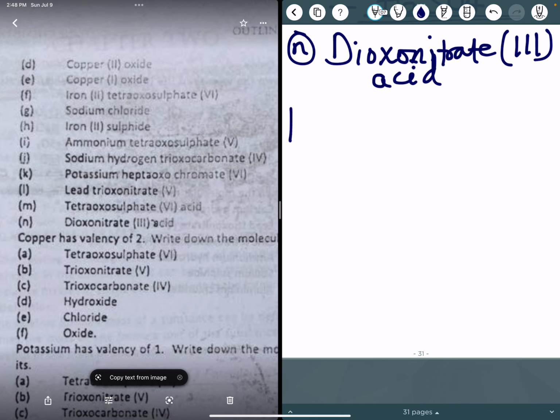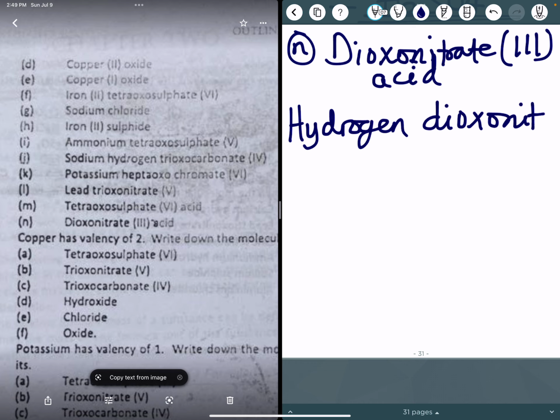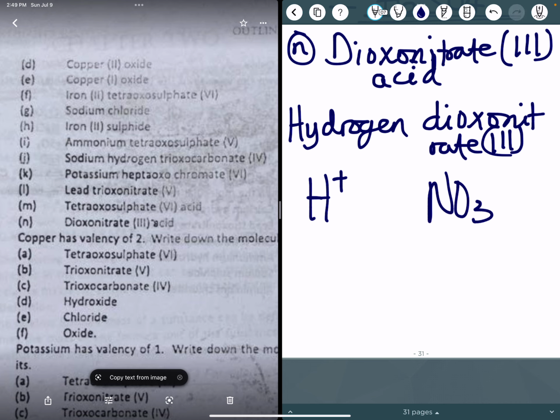So more fully, the name of the compound is hydrogen dioxonitrate 3 acid, if you like. But even if you don't put acid, it's already clear that it's an acid. So hydrogen dioxonitrate 3 contains hydrogen as the only positive ion, H+.